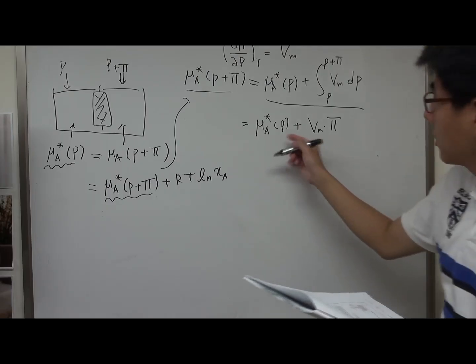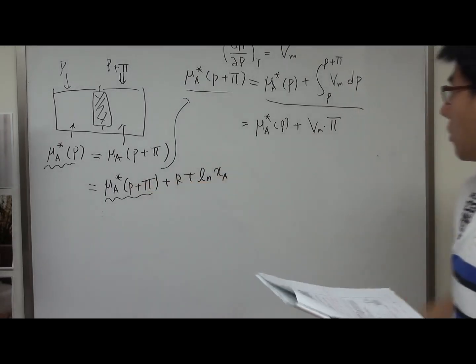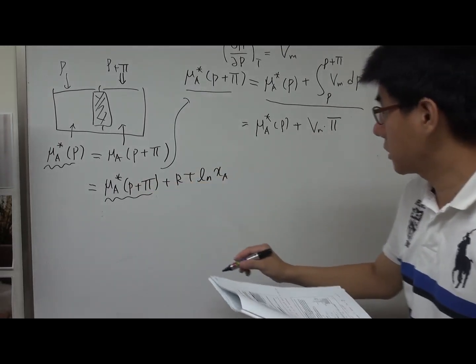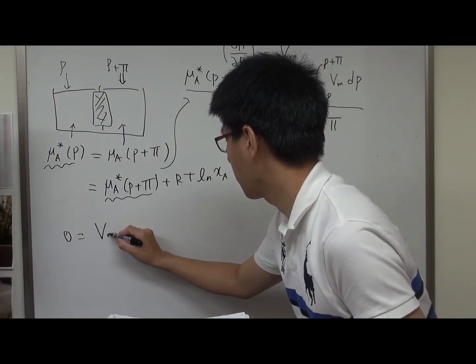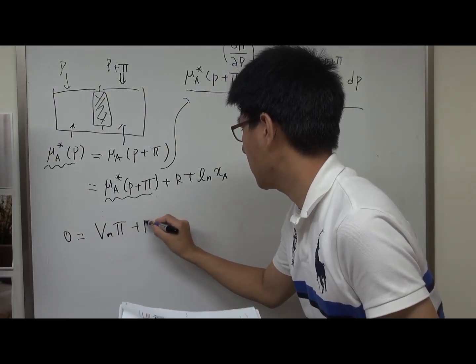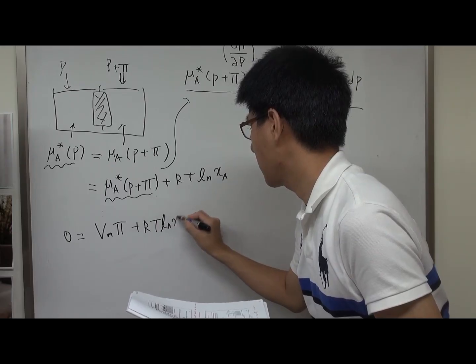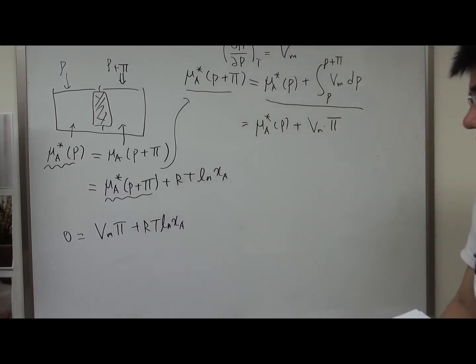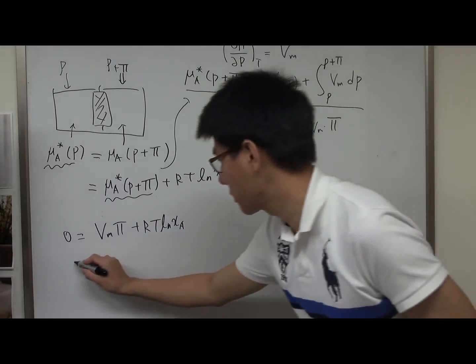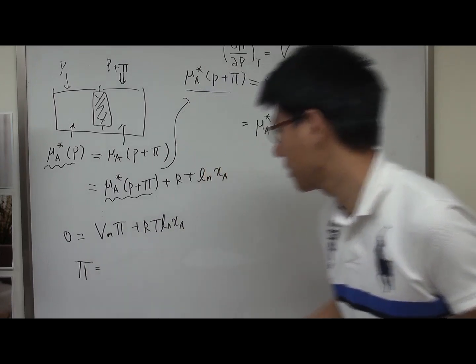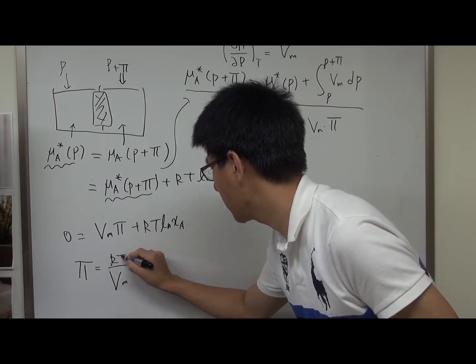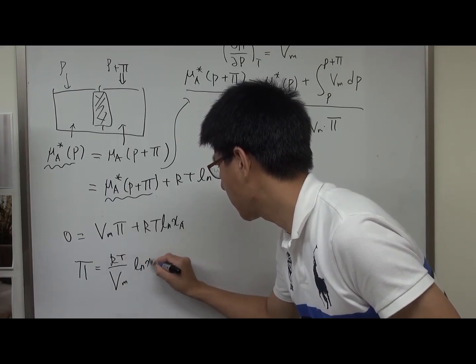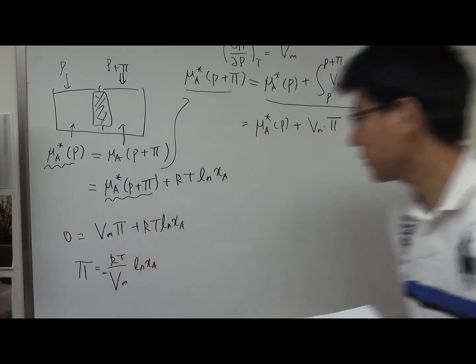So if you put this here, what you get is very simple actually. 0 is equal to Vm pi plus RT ln XA. Let's write it as a function of pi. Pi is minus RT over Vm times ln XA.